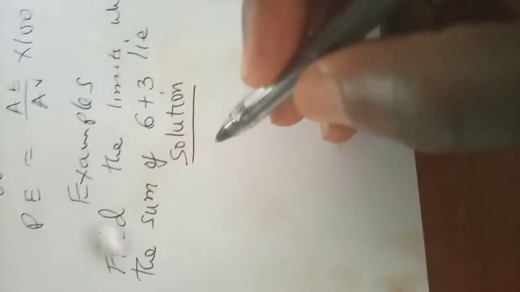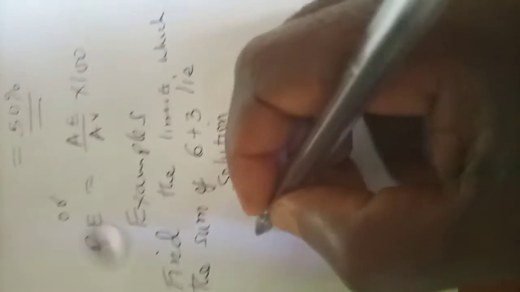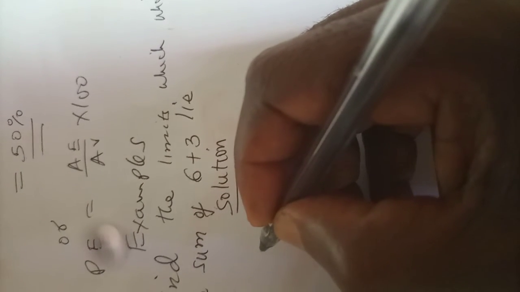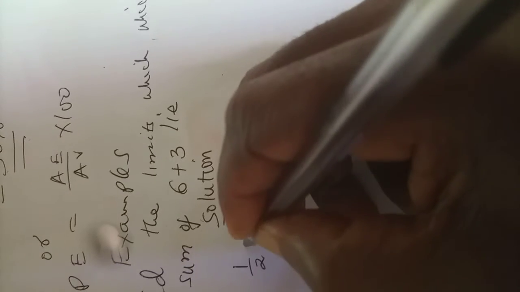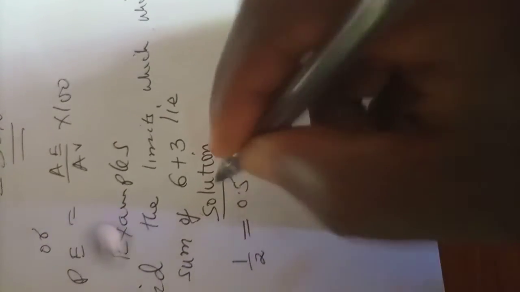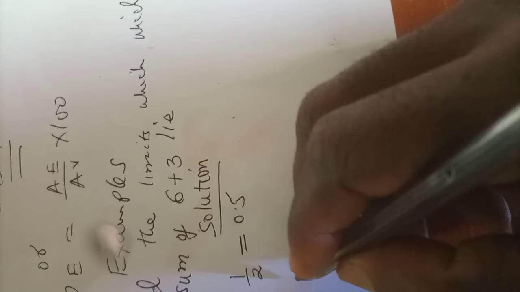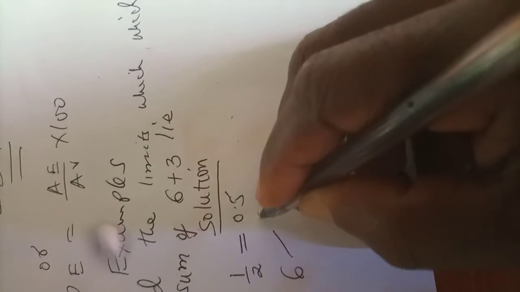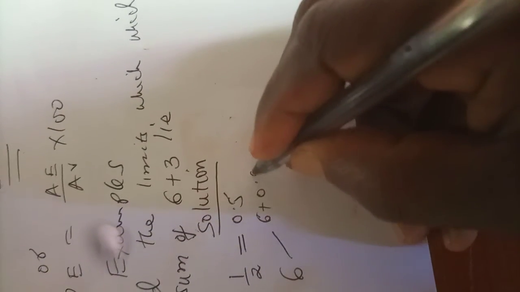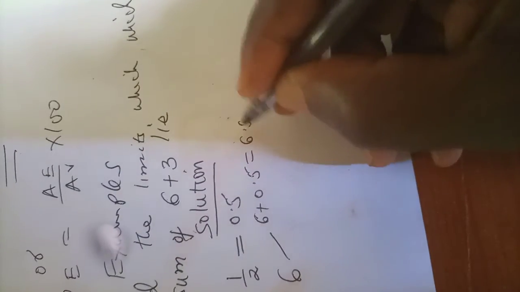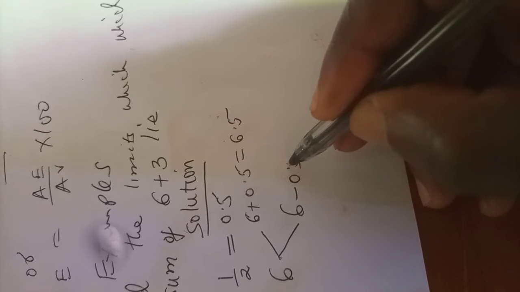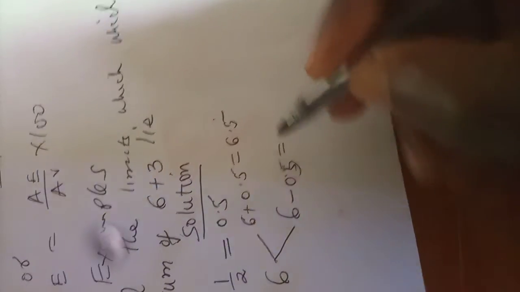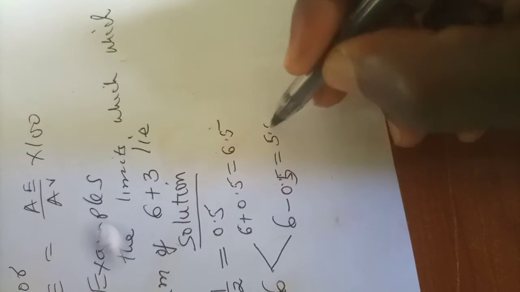So we start with the least unit of measurement. The least unit of measurement of 6 and 3 is 1. So it is 1 over 2. We get 0.5. So we must get the limits for 6, which is 6 plus 0.5 becomes 6.5, and the lower is 6 minus 0.5, we get 5.5.